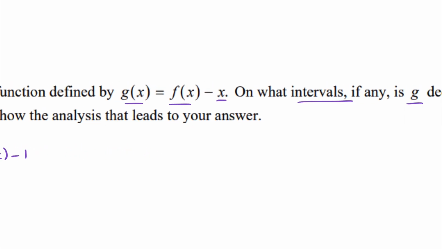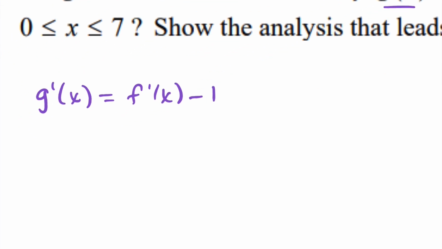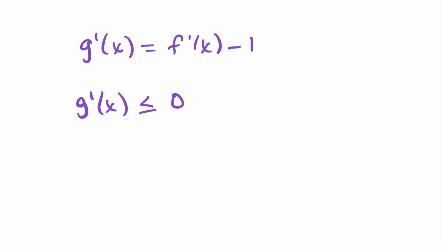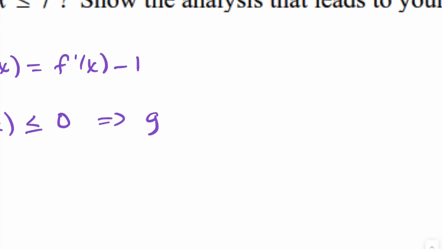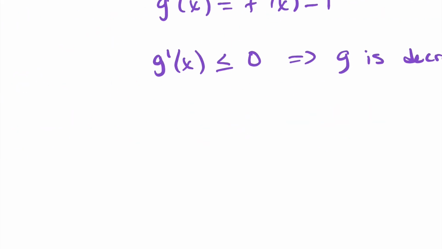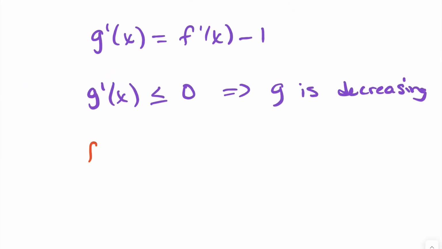Okay, so we want to know the intervals, if any, where g is decreasing. So that's where the slope of g is going to be negative. So if g prime is less than or equal to 0, then that implies that g is decreasing. The same statement can be made for f prime of x minus 1.